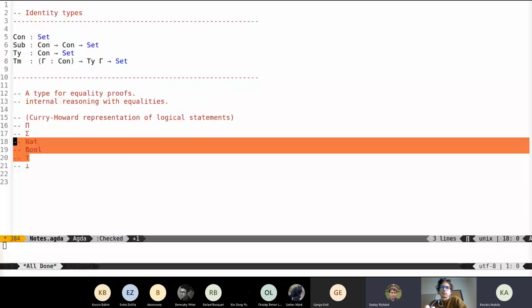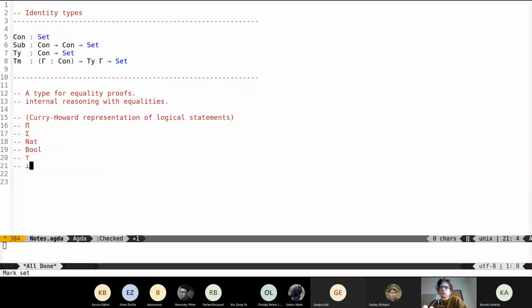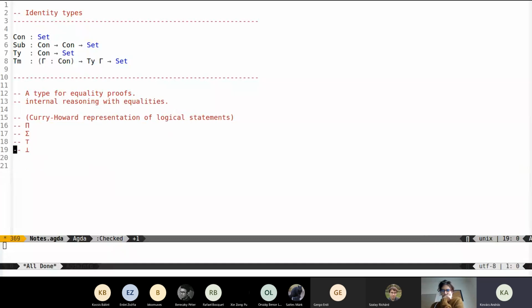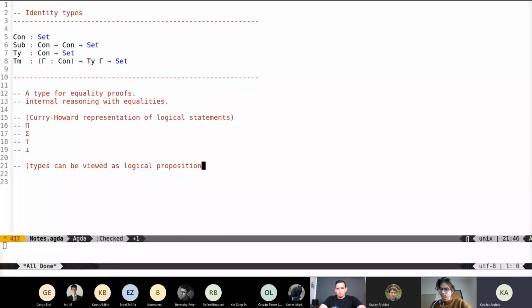Okay, so the idea is that these previous type formers that we've seen before, maybe not Nat and Bool, are ways to represent logical statements as well. So types can be viewed as logical statements or propositions. For example, the implication is the non-dependent function type.